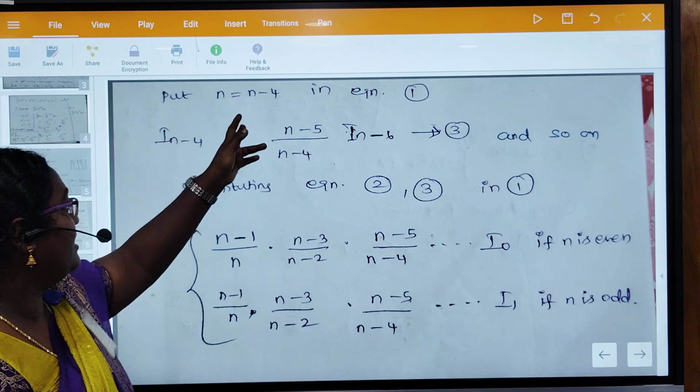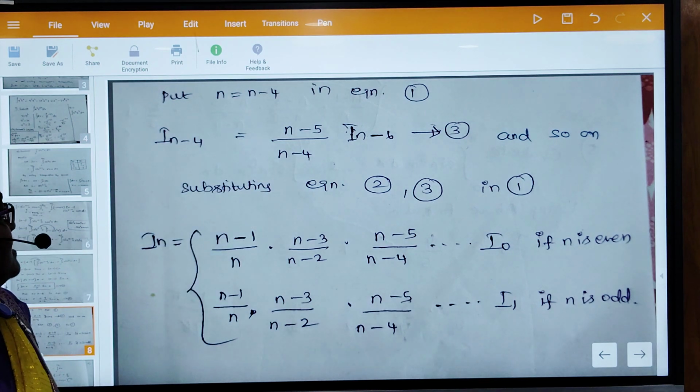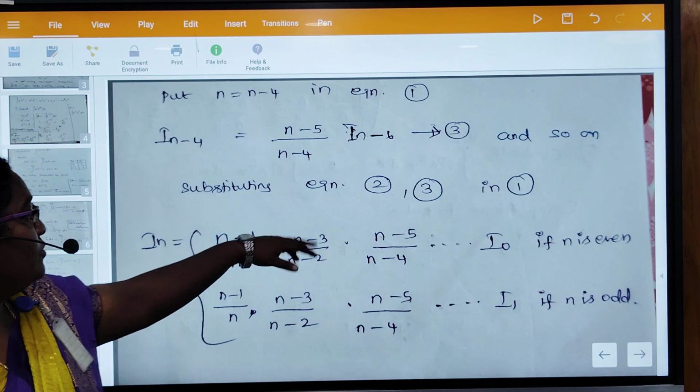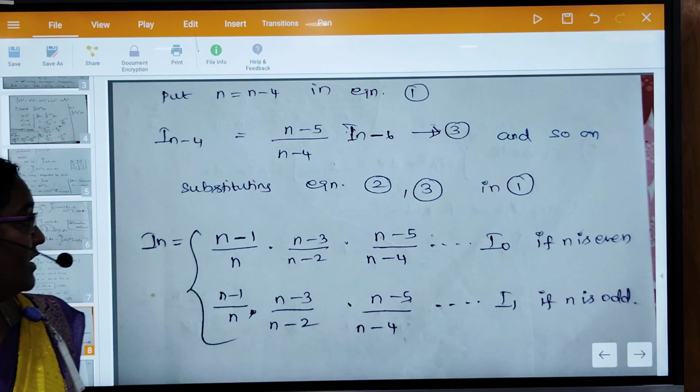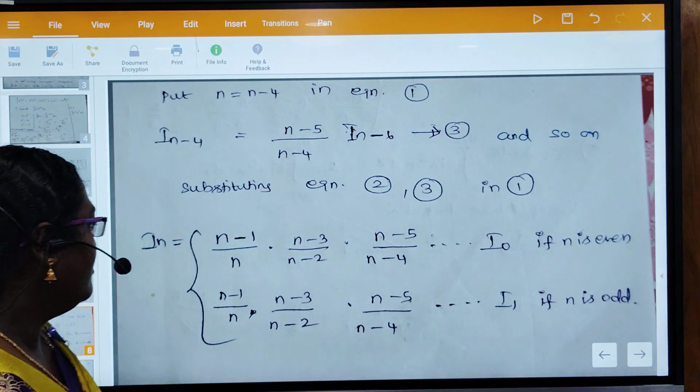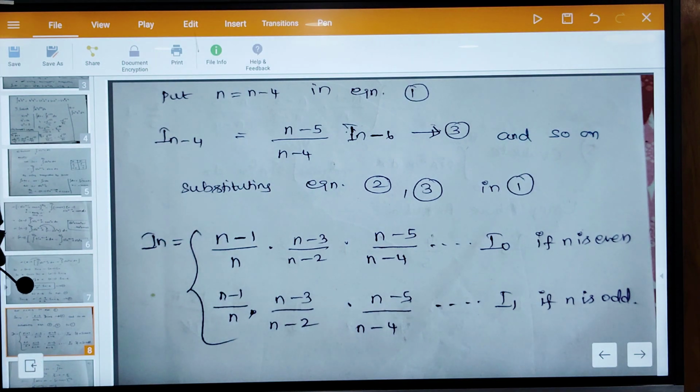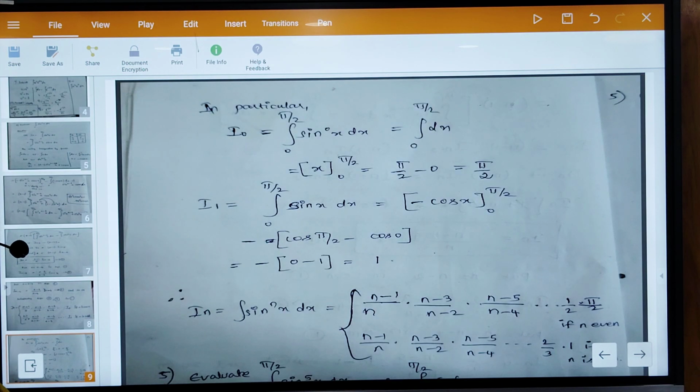Then we put n is equal to n minus 4 in equation 1, we are getting this step and so on. So substituting 2 and 3 in equation 1, we will be getting the formula like this: n minus 1 by n, n minus 3 by n minus 2, n minus 5 by n minus 4, and it keeps on reducing, and the last term will be I0 if n is even, and the last term will be I1 if n is odd. In particular, we are searching for I0.